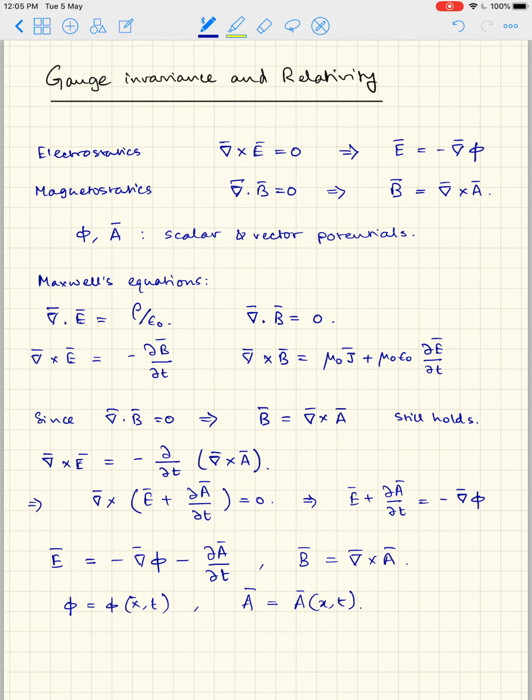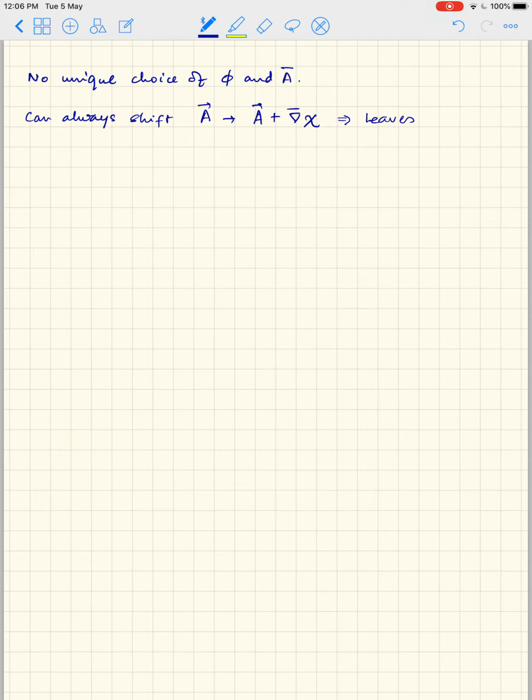Now, you need to also remember that, as before, there is also no unique choice of phi and A. We can always shift A to A plus some gradient of some scalar chi. So this leaves B invariant.